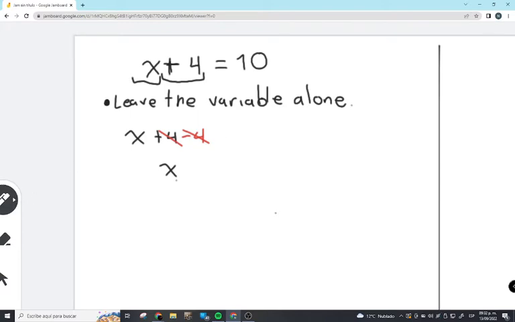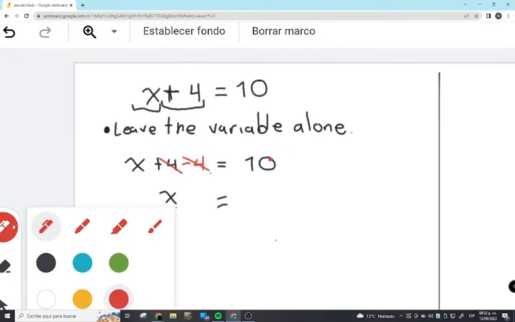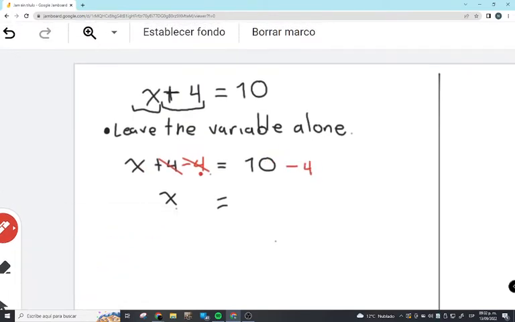But what happens? It's supposed to be equal to 10. Since on this side we did a subtraction, we did something on this side, we have to do the same on the other side. So now I'm going to use once again the red, because if here we subtracted 4, necessarily we have to do the same on the other side.